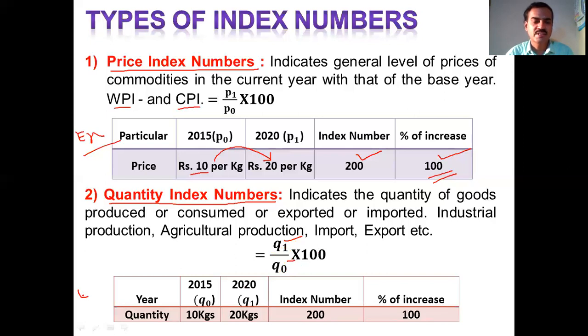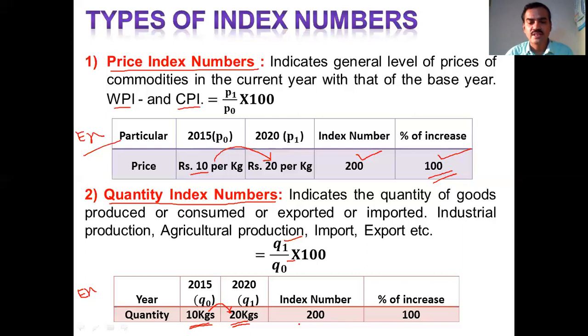So let us take this example. In the year 2015, 10 kg was produced. In the year 2020, production is 20 kg. So production increased from 10 kg in the year 2015 to 20 kg in the year 2020.